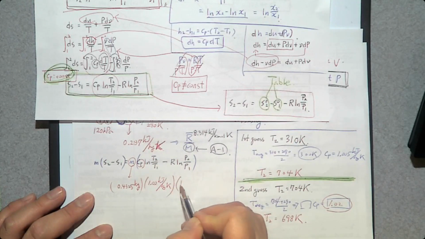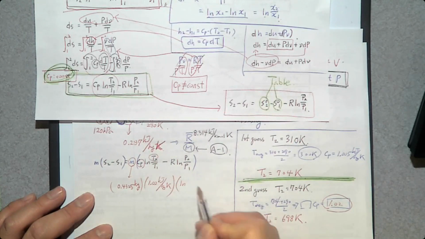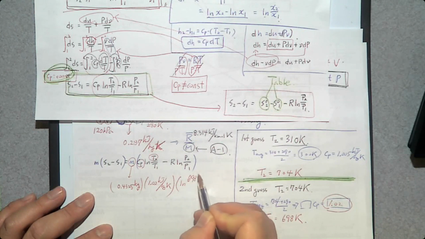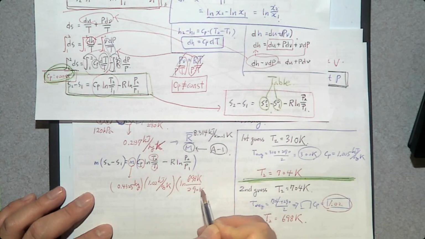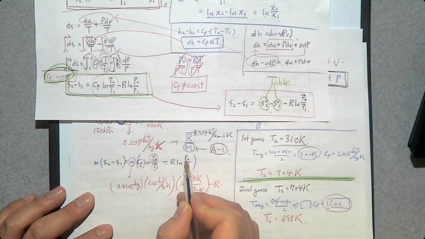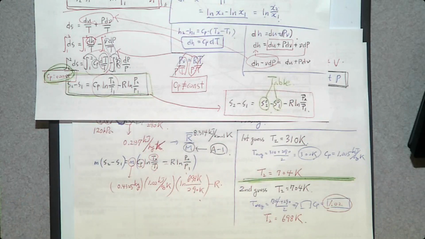And natural log, what is the final temperature? 698 Kelvin. What is the initial temperature? 290 Kelvin. Then gas constant R times natural log P2 over P1. It's a constant pressure process, so P2 is the same as P1.